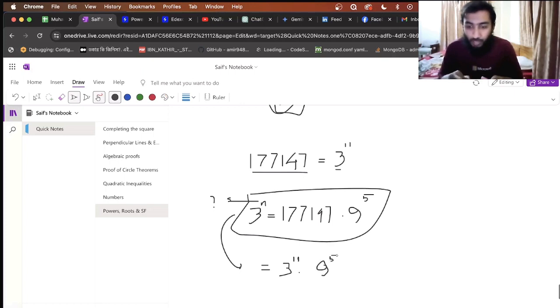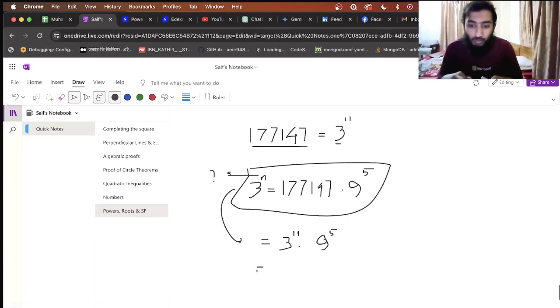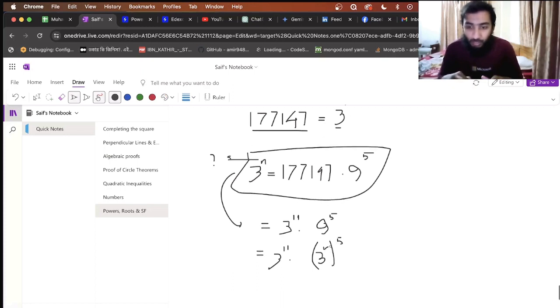Now 9 is 3 squared. So we can write 3 to the power 11 multiplied by 3 squared, whole to the power 5. 2 multiplied by 5 is 10, so we can write 3 to the power 11 multiplied by 3 to the power 10.